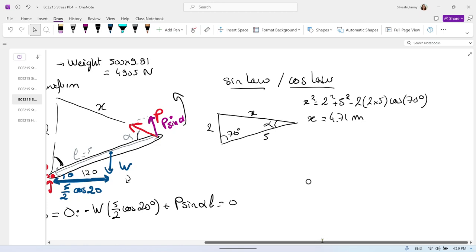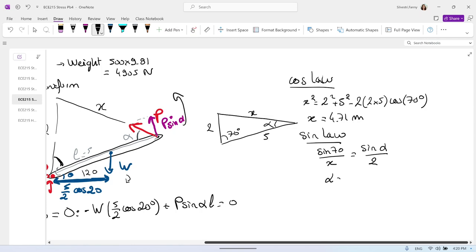And now I can do my sine law. Second step, sine law. That will give us sine 70 degrees divided by x equals sine alpha divided by 2. So you will find alpha equals the inverse sine of sine 70 times 2 divided by 4.71. So we got alpha equal 23.5 degrees.